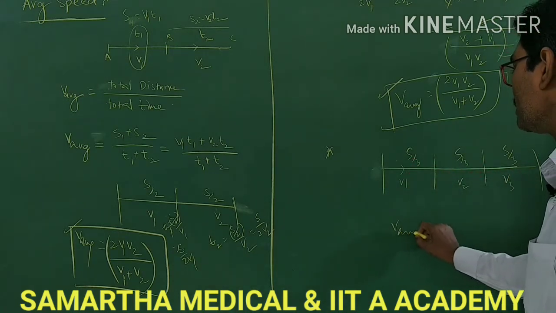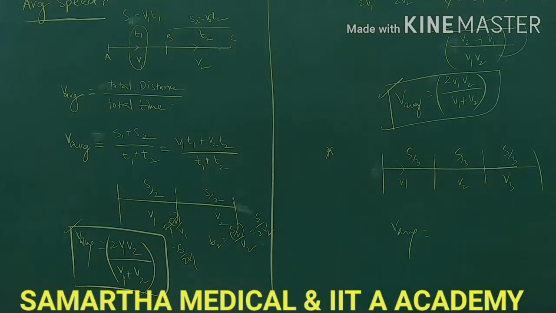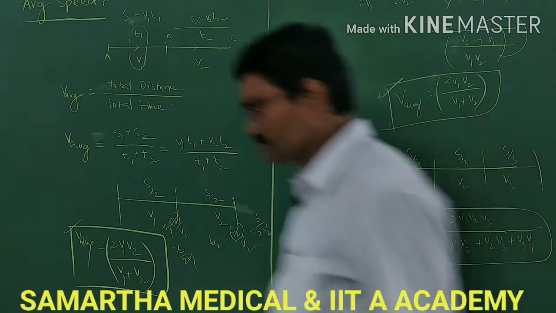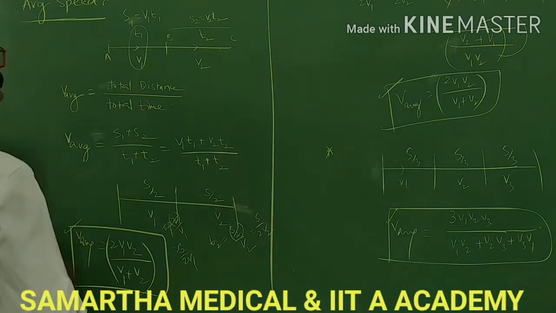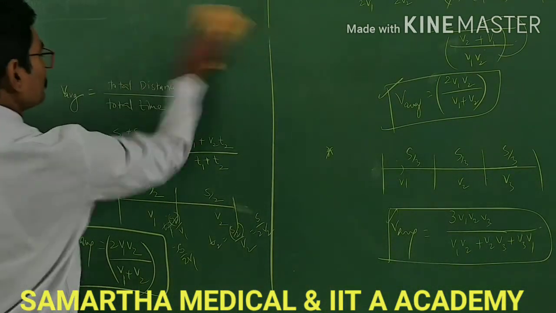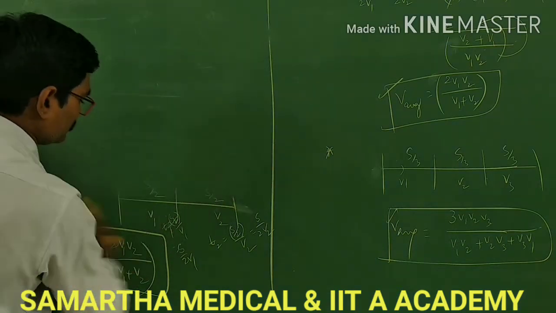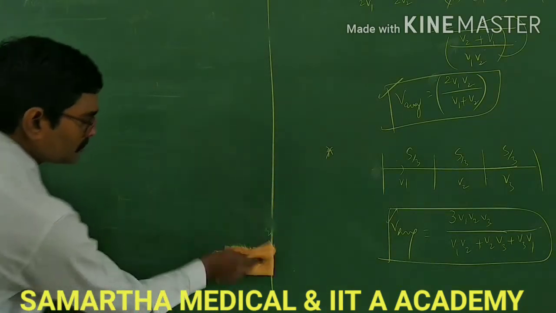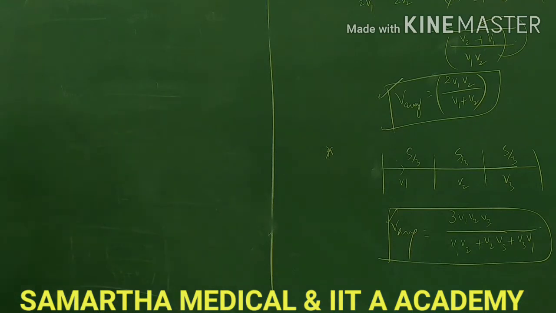Then average speed is 3 v1 v2 v3 by v1 v2 plus v2 v3 plus v3 v1. How did you get this? It is the same method.